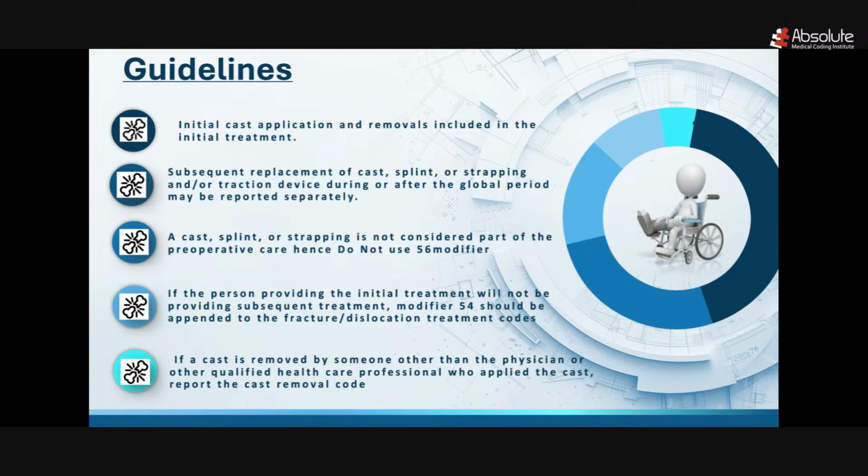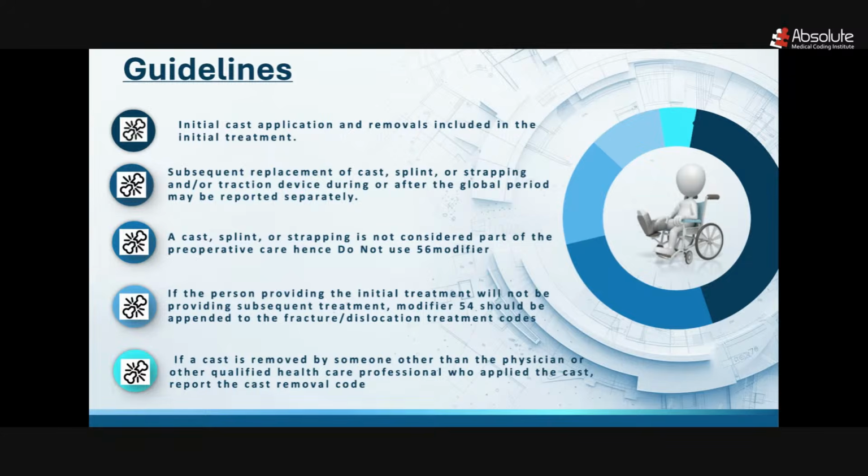Okay, next we have, if the physician who gave the initial treatment is not the one providing the follow-up care, you have to append a 55 modifier to the fracture or dislocation treatment codes. And if the cast is removed by someone other than the original provider who placed the cast, then you can report the cast removal code separately.